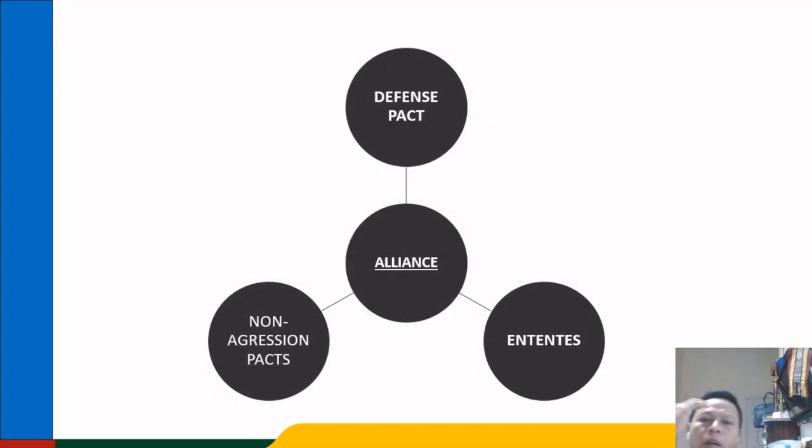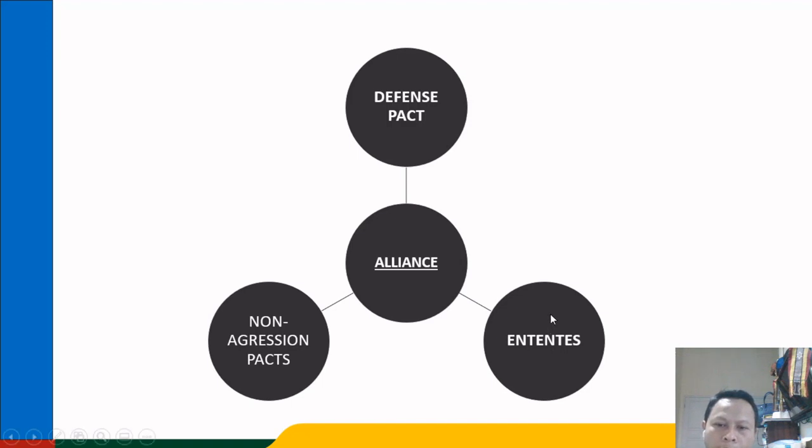Okay, this is the illustration of alliance. Alliance is divided into at least three concepts. This is the defense pact like NATO and Warsaw, and if ASEAN had something like an ASEAN security pact, but there is no security pact in ASEAN, and the type is non-aggression pact. So this is basically to defend in case of crisis.